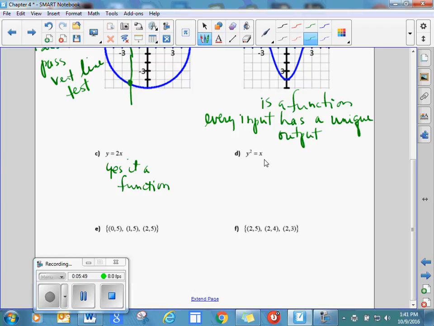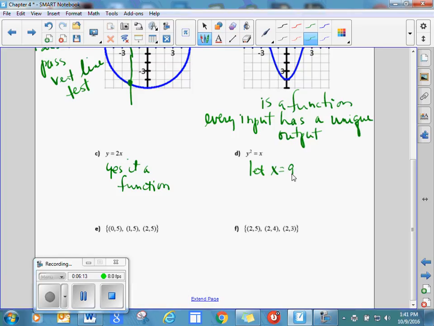D is a little bit different. Instead of the x being squared, it's got your output being squared, y squared. And what I try to do is pick an example that rules out it being a function. If I can pick one example, then I can say, nope, not a function. So what I see in this equation is, let's let x equal 9.